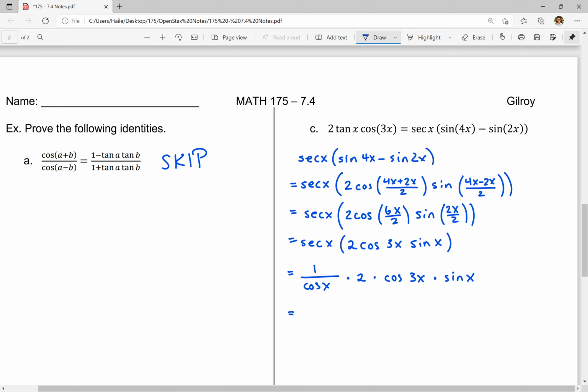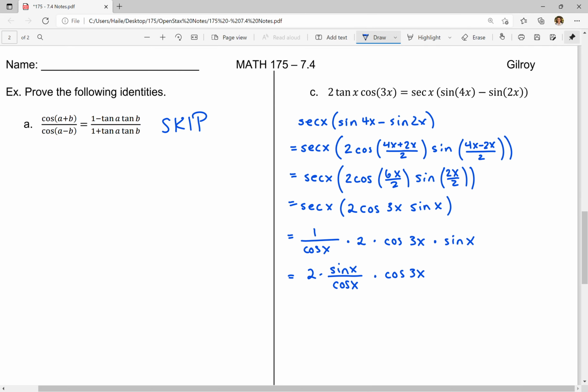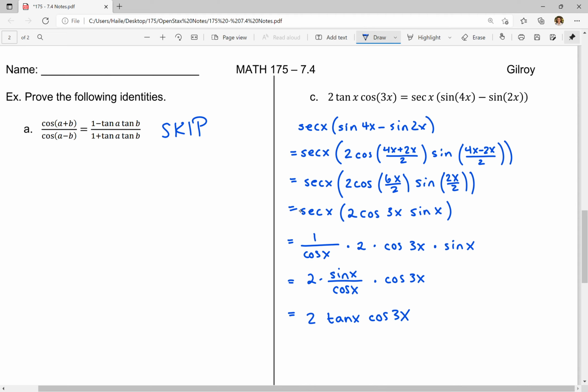So I can actually multiply those together and get the following. So I have 2 times sine of x over cosine of x times cosine of 3x. And looky there. Now I see that I have tangent sitting right in front of me. So that sine x over cosine x is just going to turn into tangent of x, and then we'll rewrite the cosine of 3x, and that's precisely the left side of our identity.